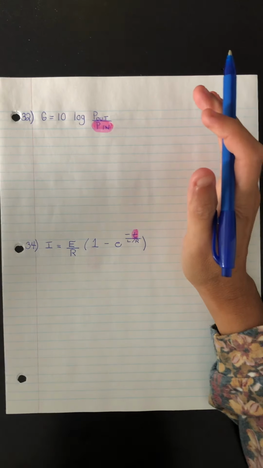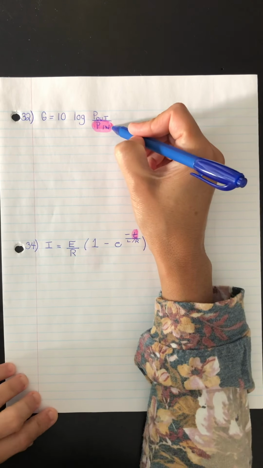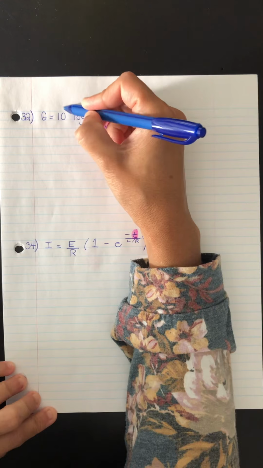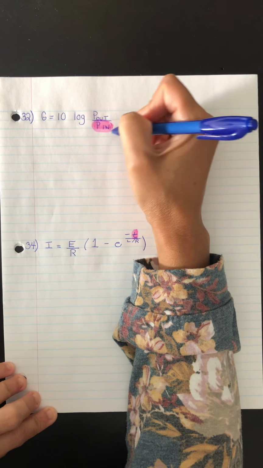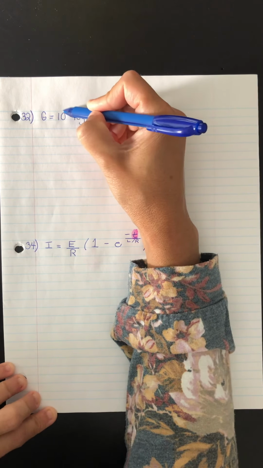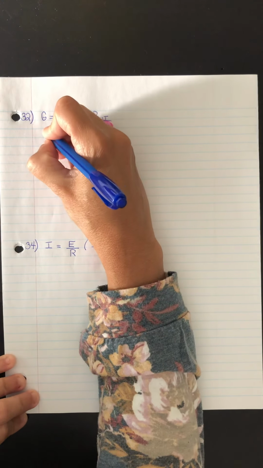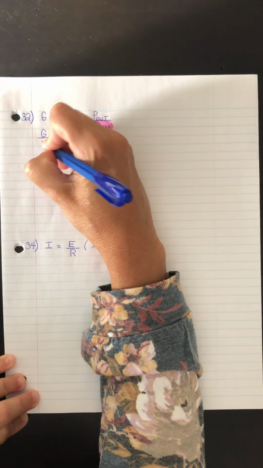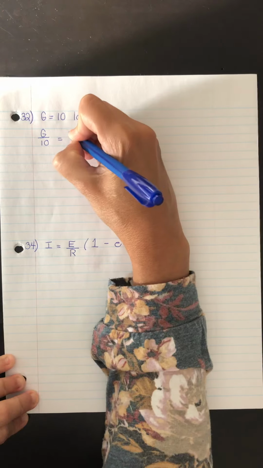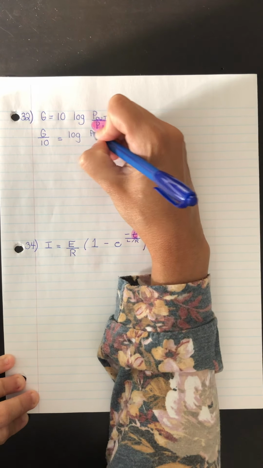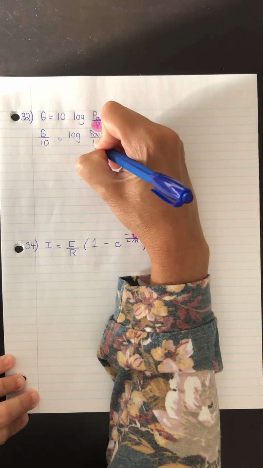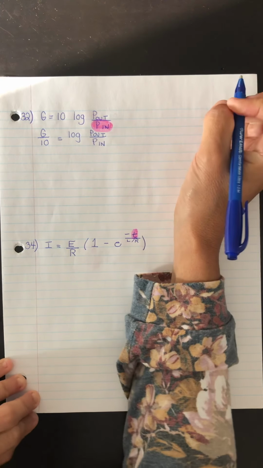Anyway, so we're going to try to solve for power in. So the first thing to do is isolate the logarithm itself. This involves beginning by dividing by 10. So g divided by 10 is equal to the logarithm of power out divided by power in, like that.